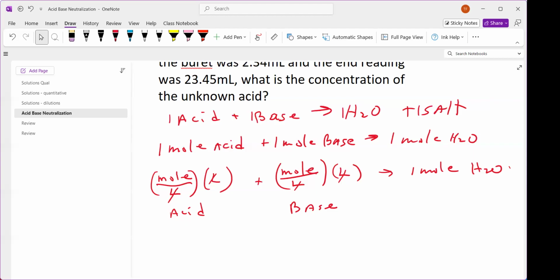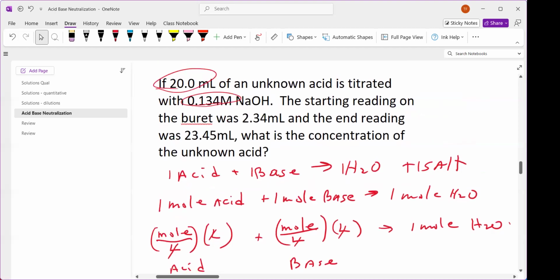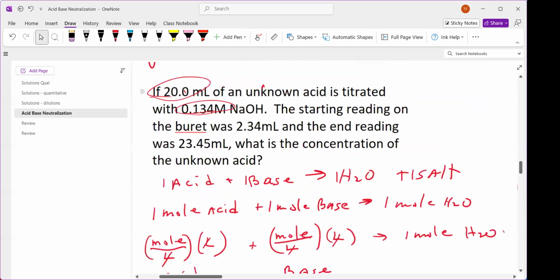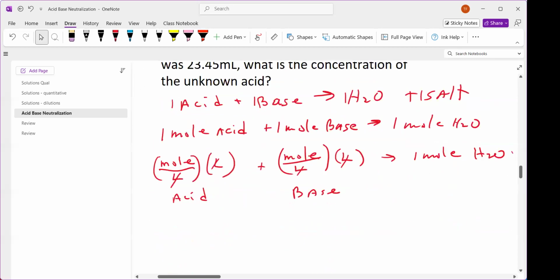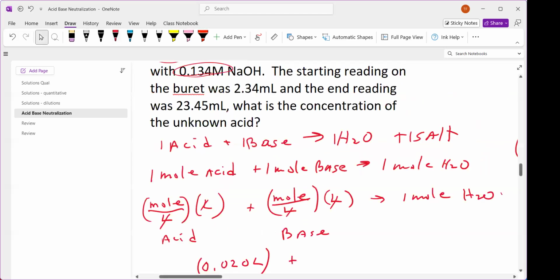Okay, so let's go back up to the titration problem. We've got volume of the acid in milliliters. Got to convert it to liters. Do we know the concentration of the unknown acid? No, that's what we're trying to find out. So we're going to leave that as moles per liter. Do we know the concentration of the base?